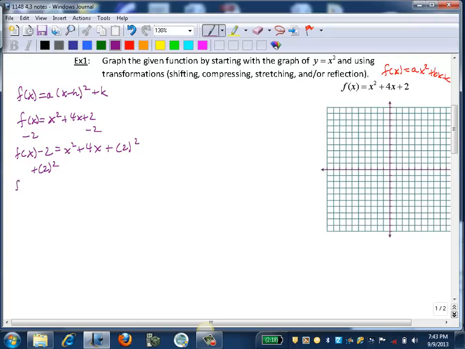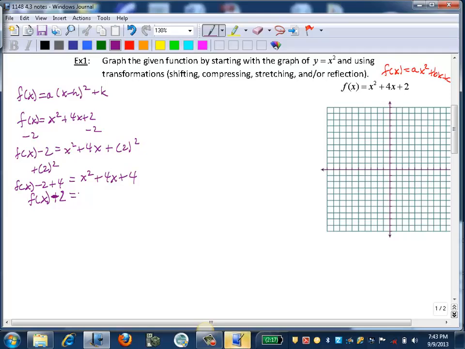So then over on the left, we have f of x minus 2 plus 4. And on the right, we have x squared plus 4x plus 4. So we can combine our like terms on the left side. So that gives us f of x plus 2.